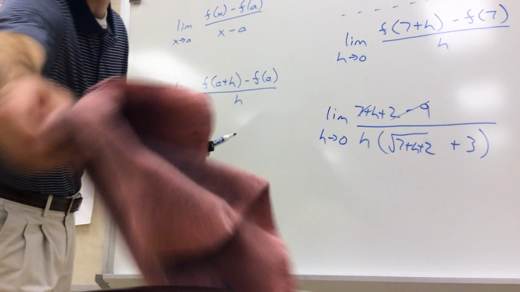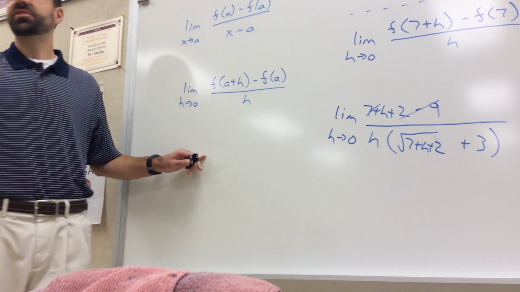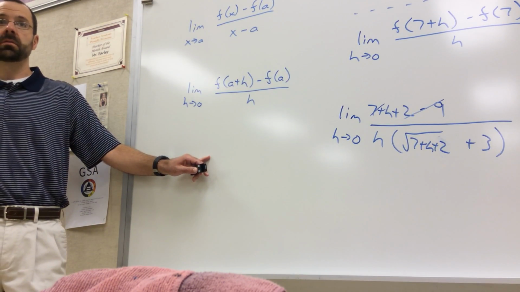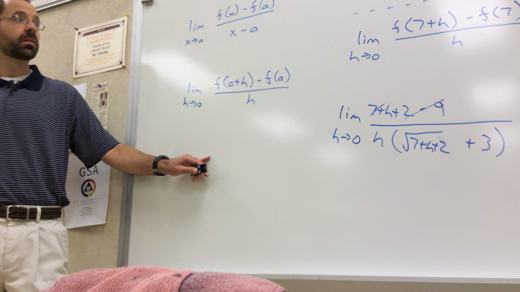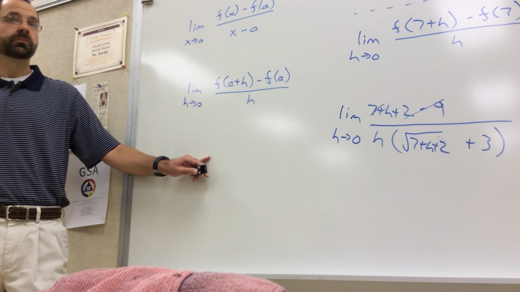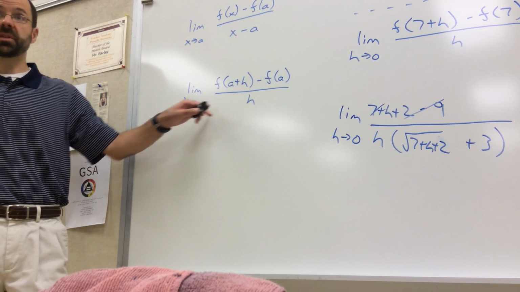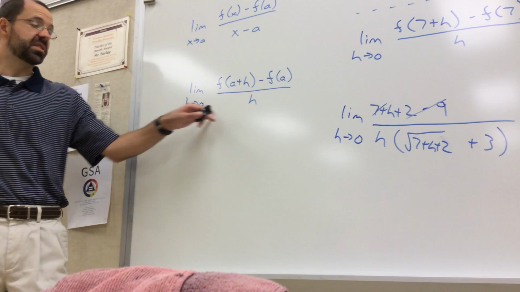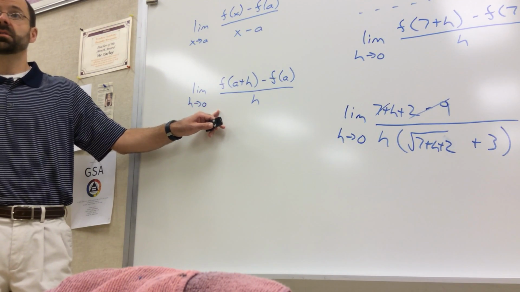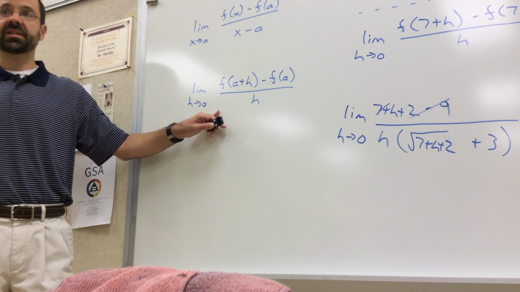Okay, so what does that mean? What is the 1/6? Yeah, Steve. The answer to the limit as h goes to 0 of f. Yeah, good. It's the answer to this limit. And what does this limit calculate for us? Yeah, Lauren? The slope of the curve at x equals 7.